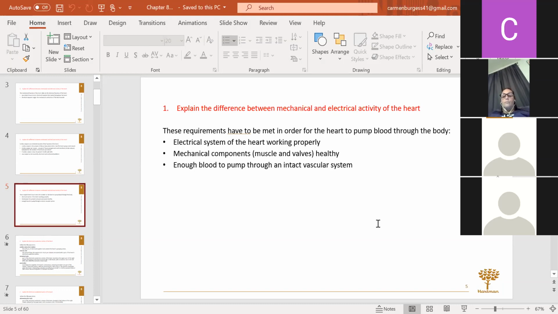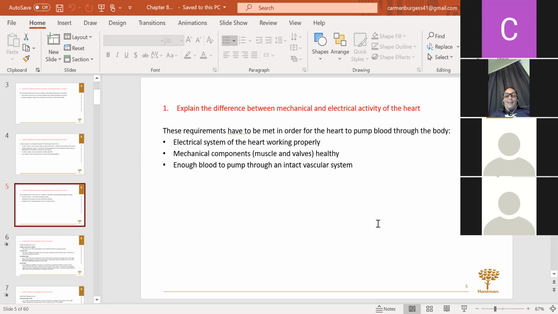The mechanical part I understand because the valves and the muscles are moving. The electrical part, so everything else is electrical with the heart? What else is there? I don't know. We haven't made it that far yet, but you do know.